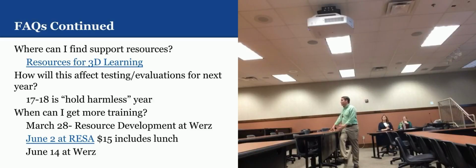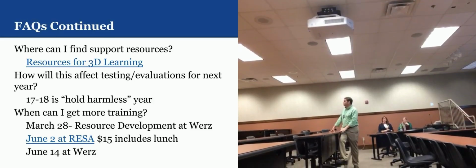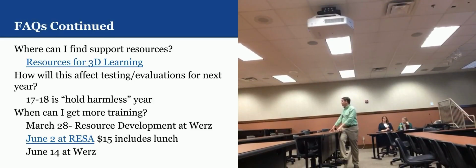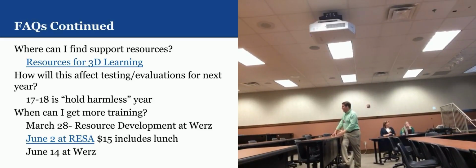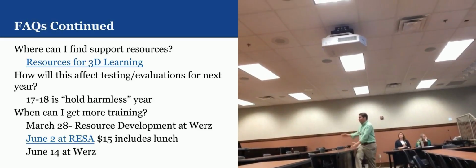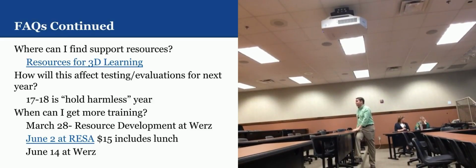So we won't know how our students did until probably December of 18. So it'll be a bit. Okay? Because they'll take it in April of 18, April of next year, and it won't be until December that we see how they did. Okay, just so you know about that.